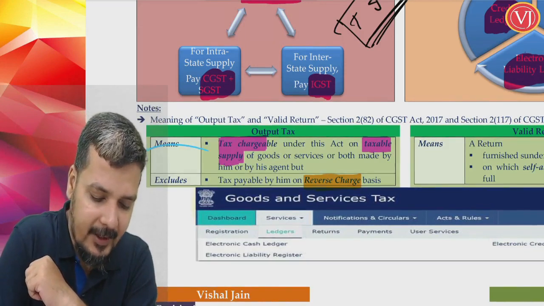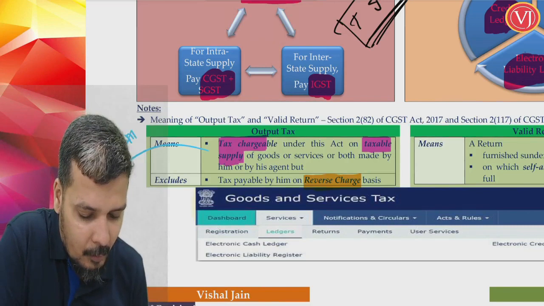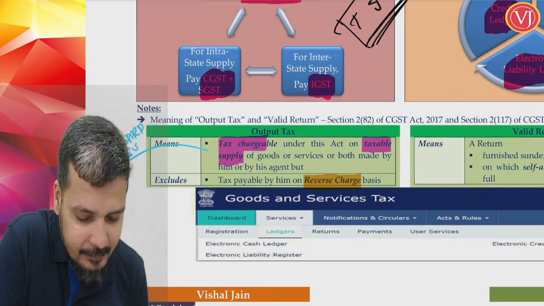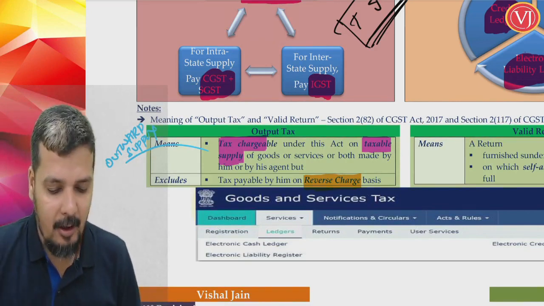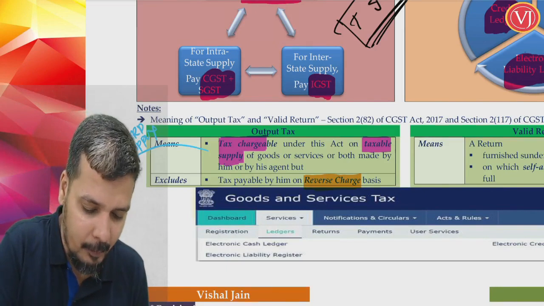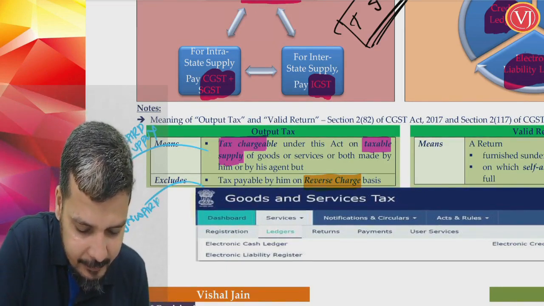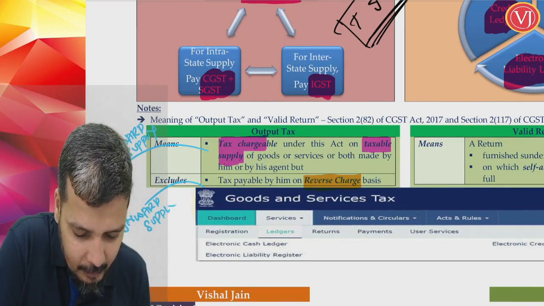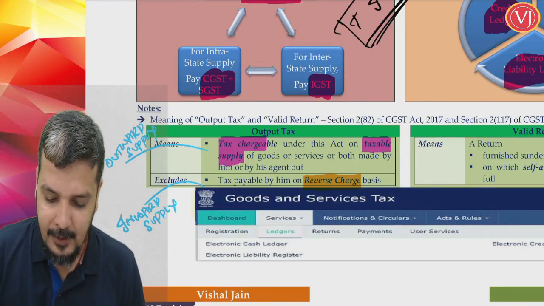So you can understand in this part, whatever tax you are paying on your outward supply, basically in layman's language sales or your output service, that is included in output tax, but it will not include RCM that you are paying on your inward supply. So that you need to understand.